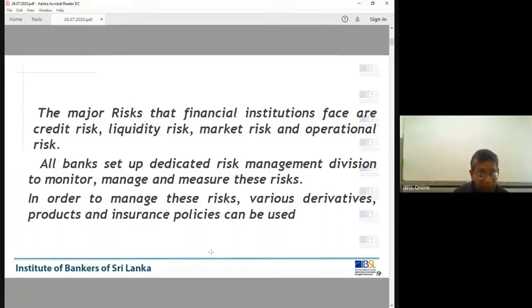What are those risks? Credit risk. The second is liquidity risk, the most important risk from the customer's point of view. They will look at the bank's liquidity position, nothing else. The third one is market risk, and the fourth one is operational risk.